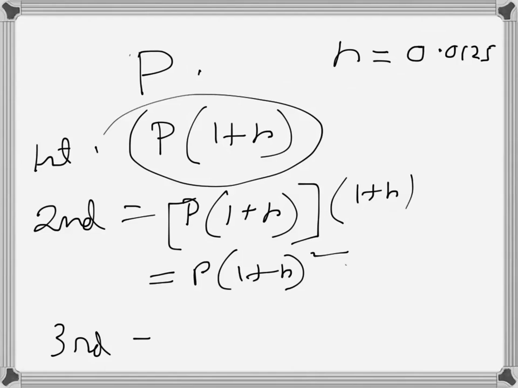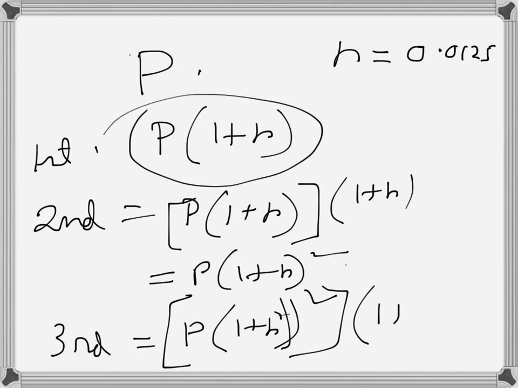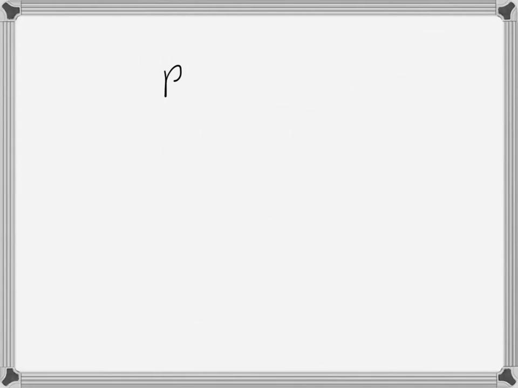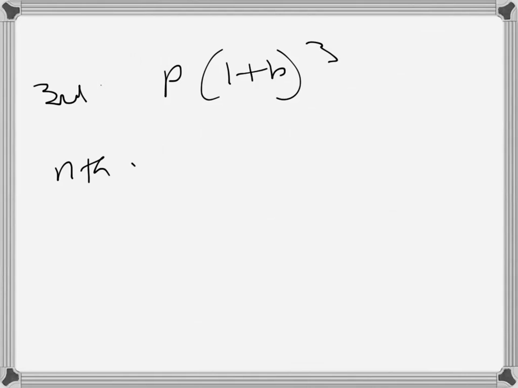Similarly, for the third installment, P(1 + R)² is the principal amount, so that becomes P(1 + R)³. Similarly, after the nth payment, the amount will be P(1 + R)^n.